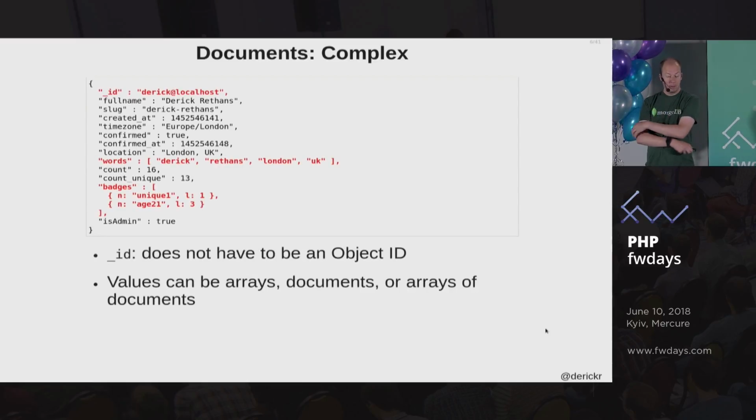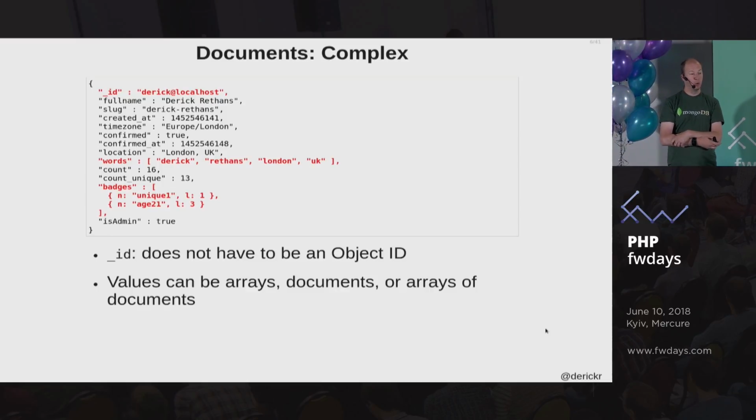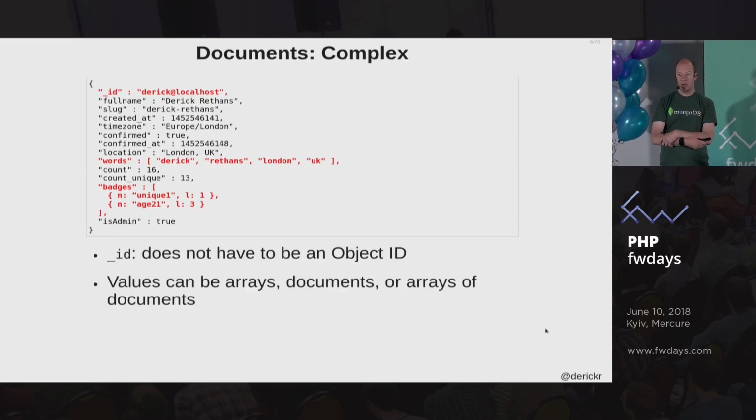Or for example, the words field here is no longer just a simple string, but instead it's an array of values. And in MongoDB, you can construct queries against words directly. So you can do, as an example, select star from table or collection where words equals London, and it would find this document even though it is a part of an array value.